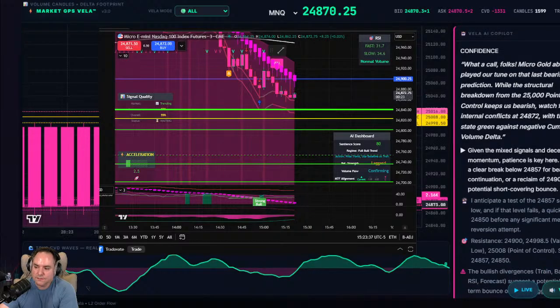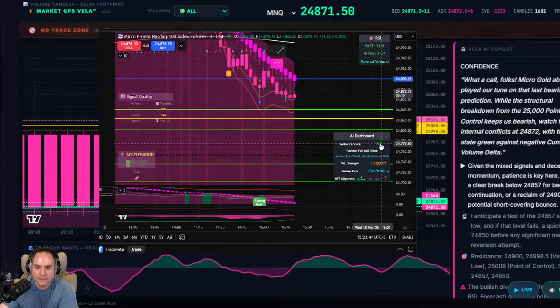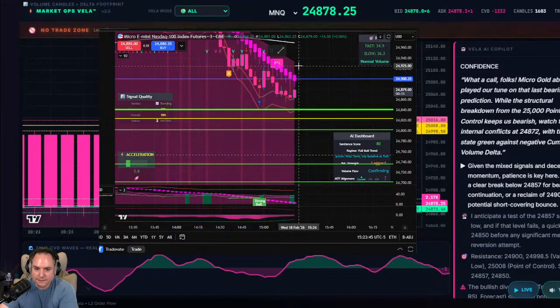So Vela's telling us no trade zone here, just kind of meandering around the 875. Okay, here's that push up I was talking about. Let's see what happens.